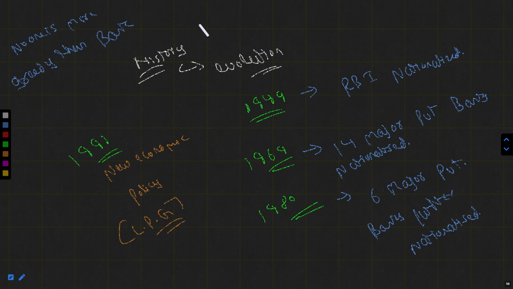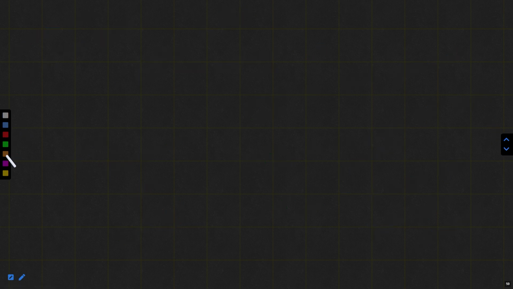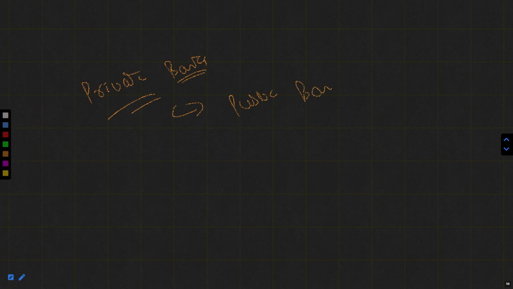So you can say it started as private banks, converted into public banks, then converted into private stakes. Okay, so that was the cycle, and why that cycle was generated, I had told you.